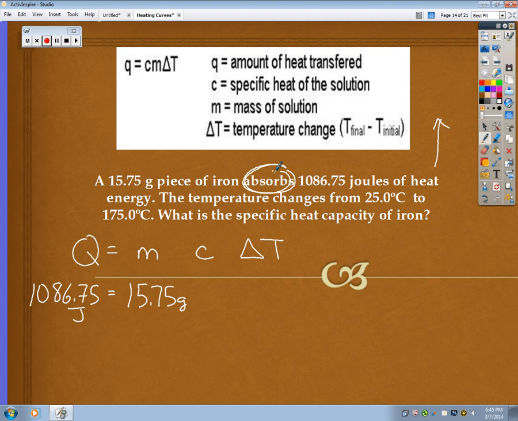It's heating up. So I have 175 degrees Celsius minus 25 degrees Celsius. So when I subtract, what do I get? 150. I'm going to include these units right here because that's really what I should have included.